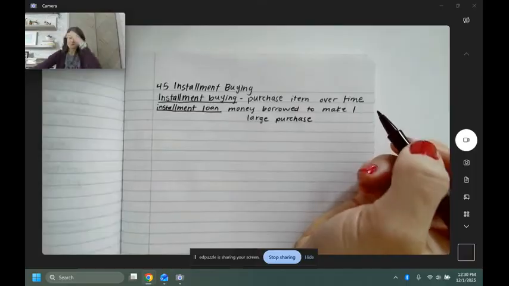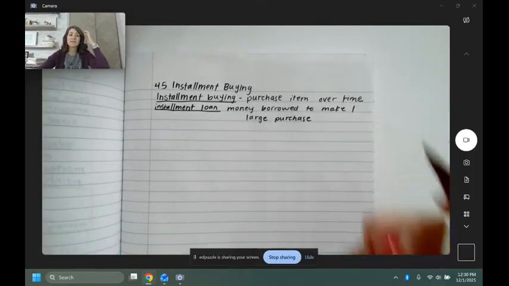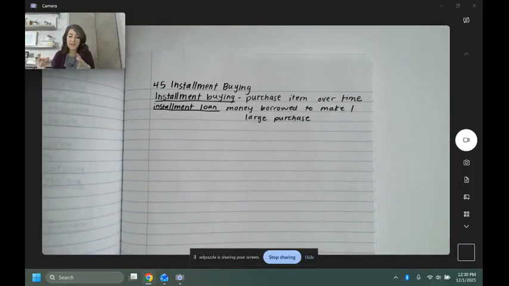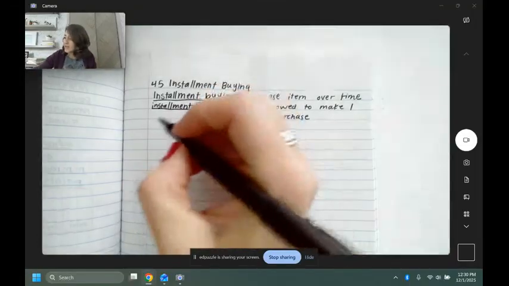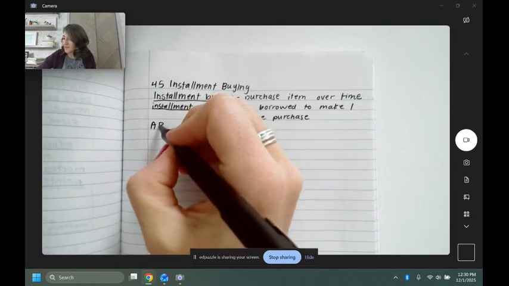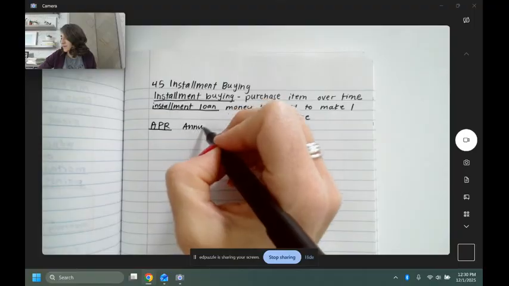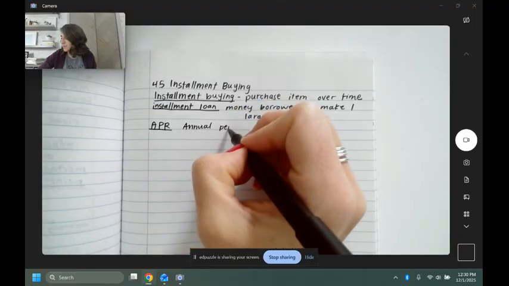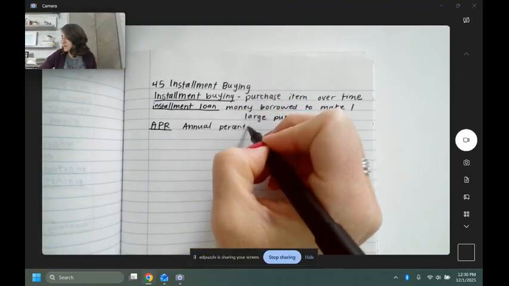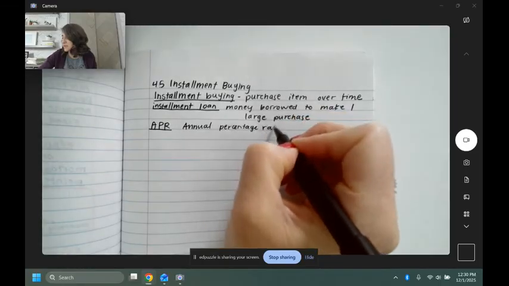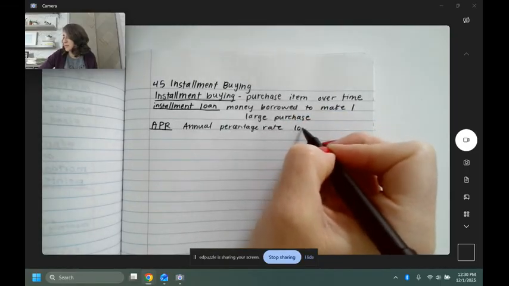In this situation, I want you to be calculating the rate. I'm going to give you all the information, and I want you to calculate the APR, or the annual percentage rate on the loan.